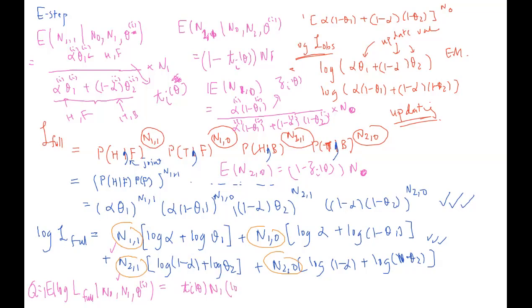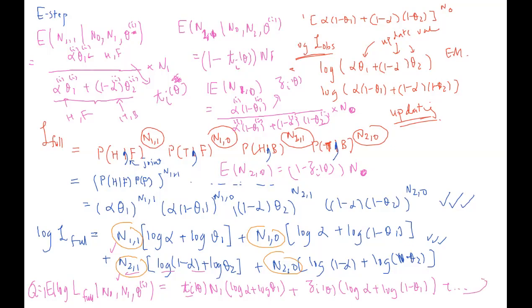And then you have log alpha plus log theta 1, plus this one, which is Z_i theta, log alpha plus log 1 minus theta 1. And then so on, right? So then you replace, right? Then you get a 1 minus T_i and all that, right? So you get this equation.